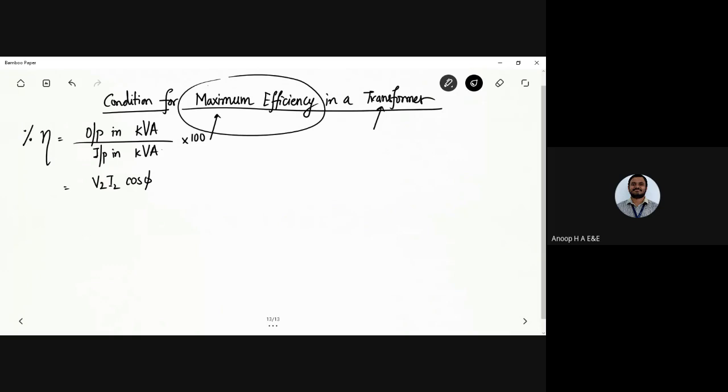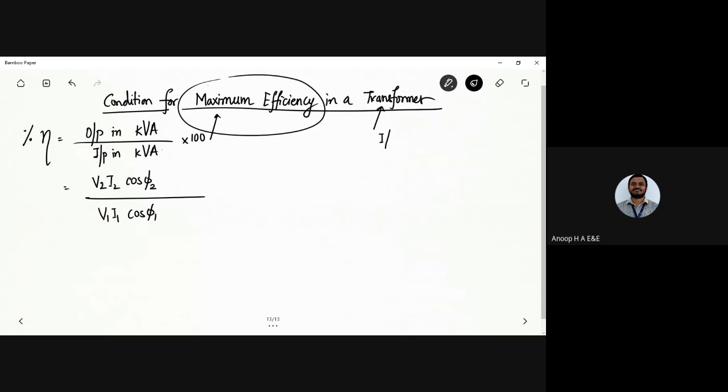Got it? So V2 I2 into cos phi. Now I take into consideration the input. So how can I write input now? V1 I1 cos phi. Now depending on the value of the current and voltage, we have power factor as phi 2 and phi 1. Got it?